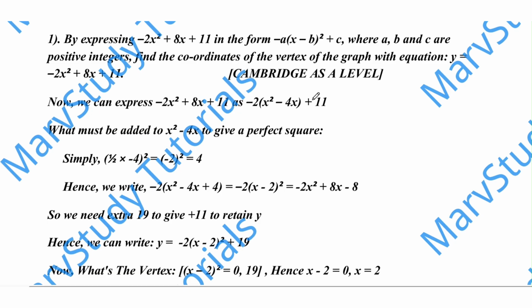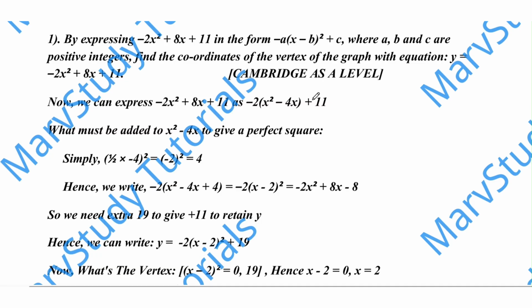So negative 2 bracket x negative 2 all squared plus 19. Y equals negative 2 x negative 2 squared plus 19.